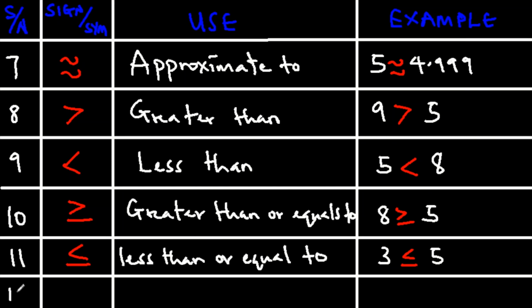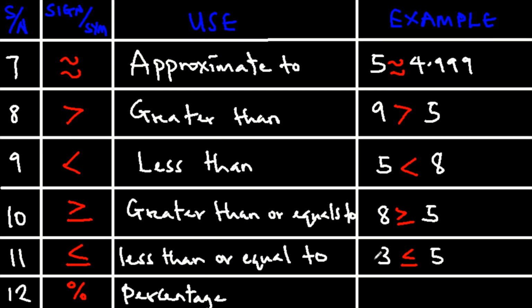Next, I would like to show you guys this symbol. This symbol is called the percentage symbol. And this percentage symbol is used to show the percentage of a number.